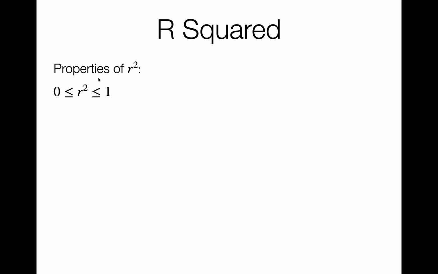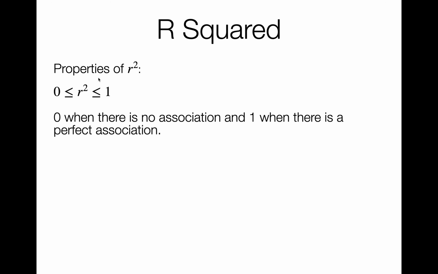Properties of R squared. Because R could go between -1 and 1, when I square those things, R squared is between 0 and 1. 0 is when there's no association. It means that fitting a line to that data does not help you at all in making predictions.